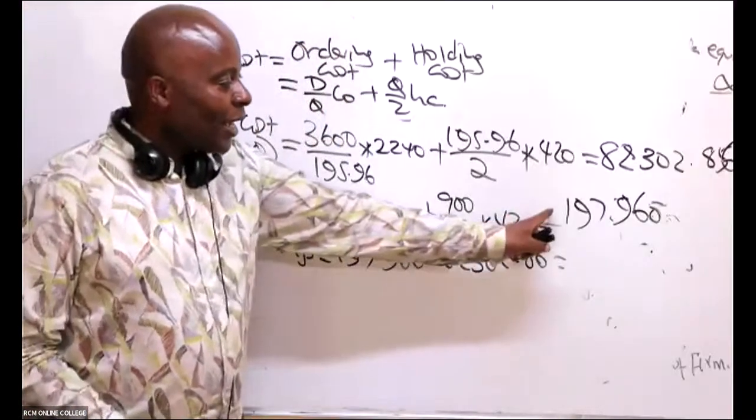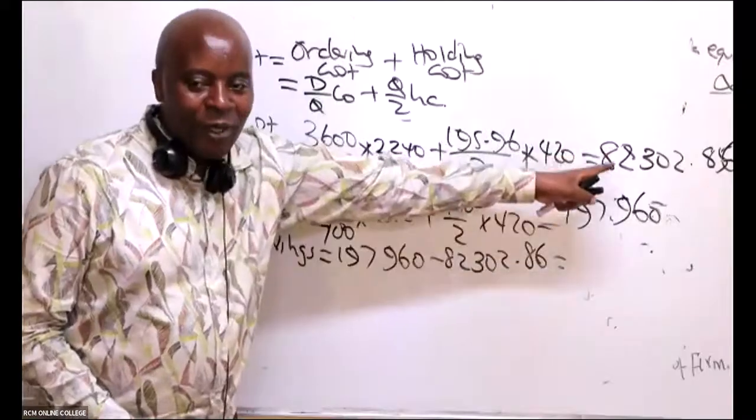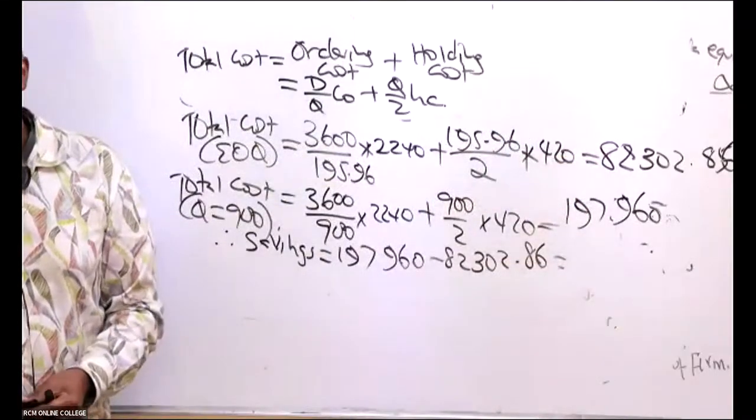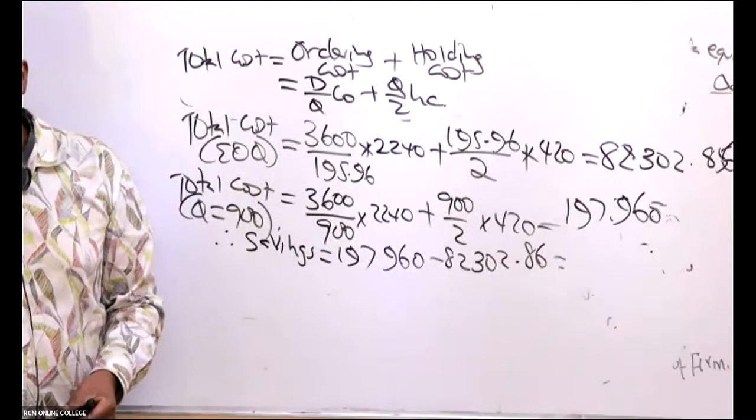This is what currently we are incurring, and should we switch to EOQ, we shall save a lot of money. EOQ is the best. You as a management accountant, you should be able to advise all the companies you represent to procure the economic order quantity.